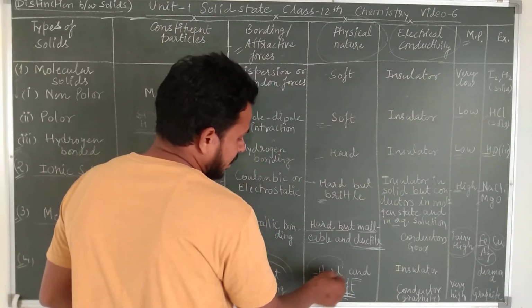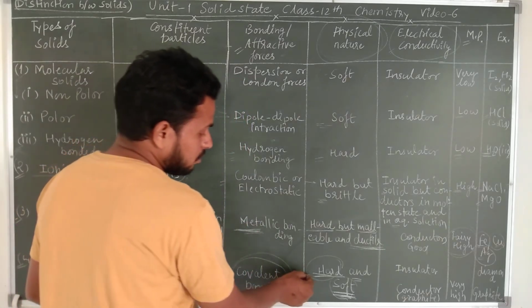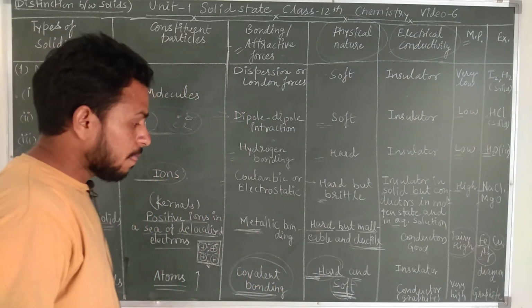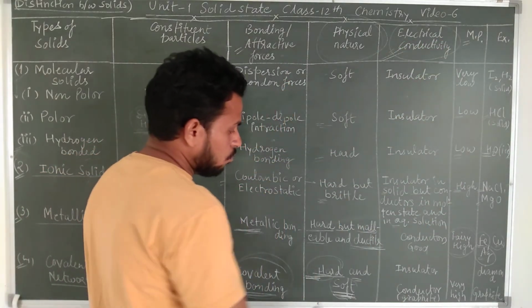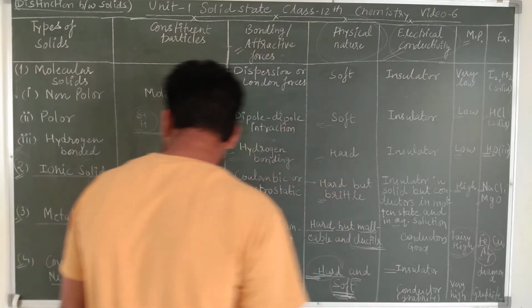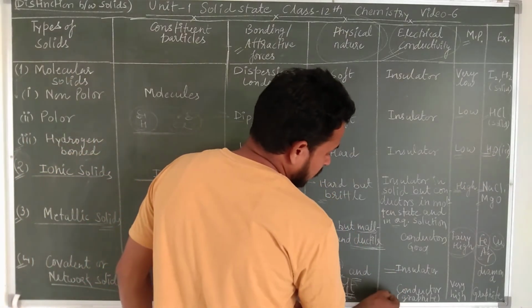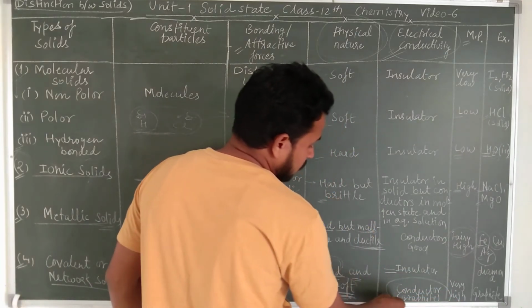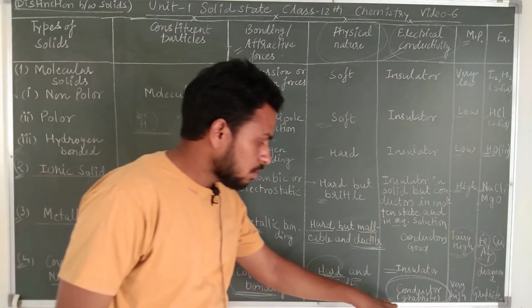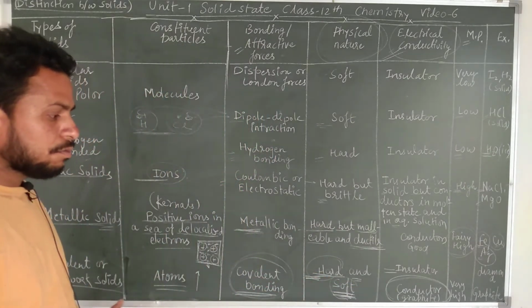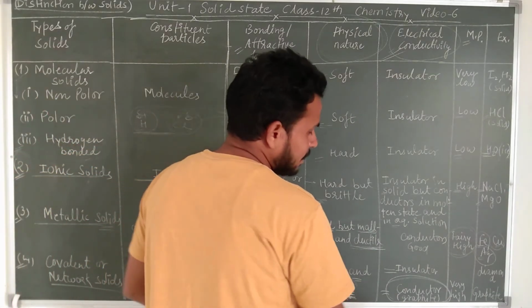So it is hard in the general case and soft in the exception case. If we talk about electrical conductivity, most covalent solids are insulators, but in the exception case graphite is a conductor. It is also a covalent solid, but it is not an insulator, it is a conductor due to its structure.